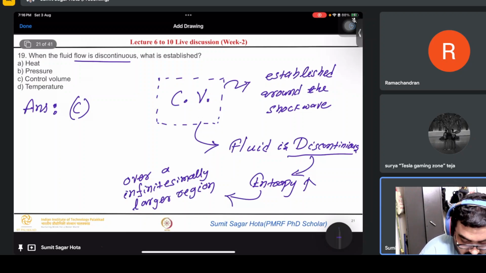It forms around the shock wave. That's the idea.